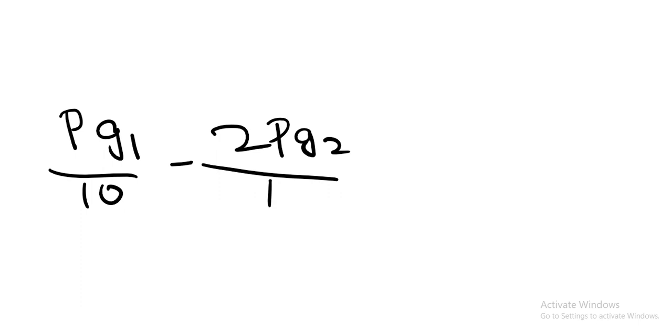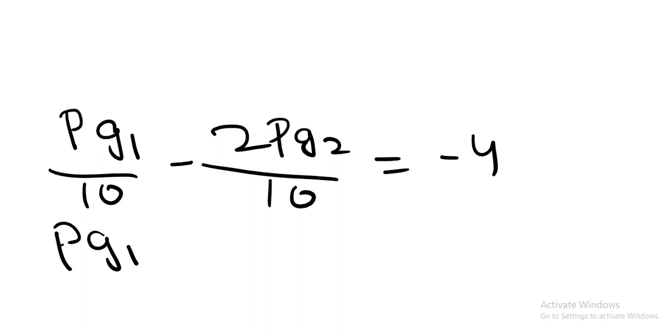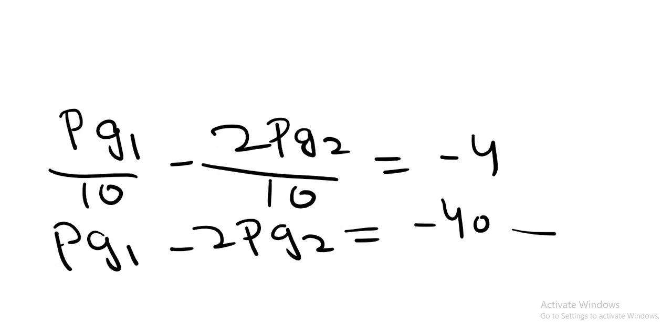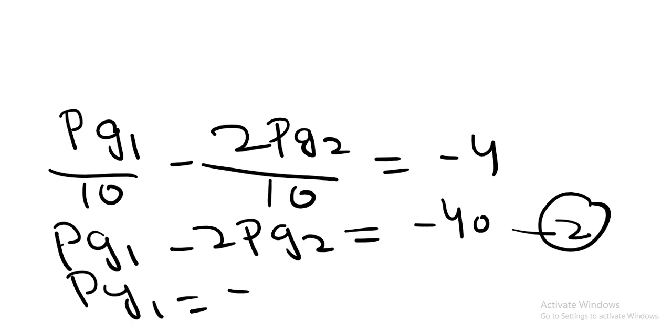PG1 divided by 10 minus 2 PG2 divided by 10 equal to 16 minus 20, that's minus 4. Simply we can write this PG1 minus 2 PG2 equal to minus 40. Equation second: PG1 equal to minus 40 plus 2 PG2.